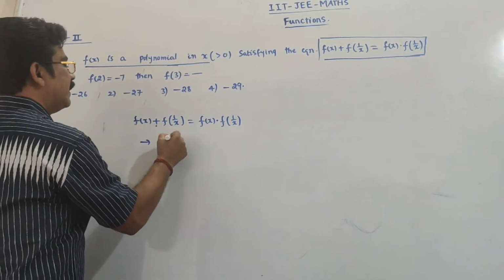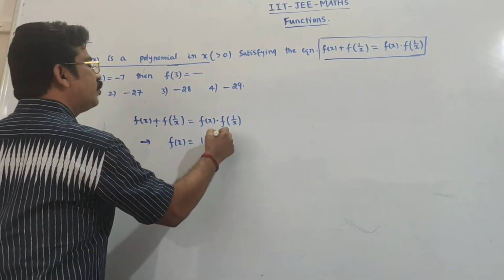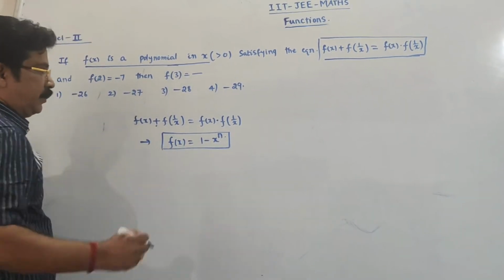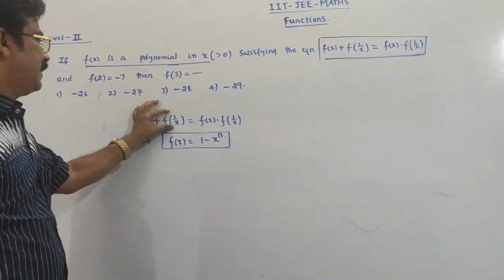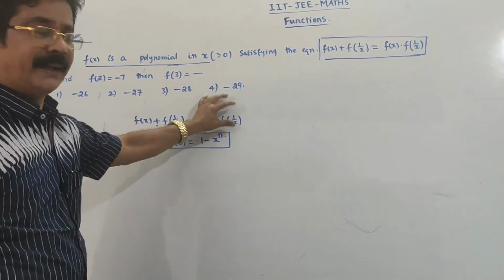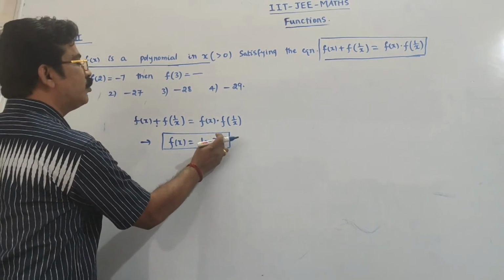In such a case, we assume that f of x equals 1 minus x to the power of n. We have to learn this function by heart. So whenever f of x plus f of 1 by x equals f of x into f of 1 by x, then f of x should be taken as 1 minus x to the power of n.